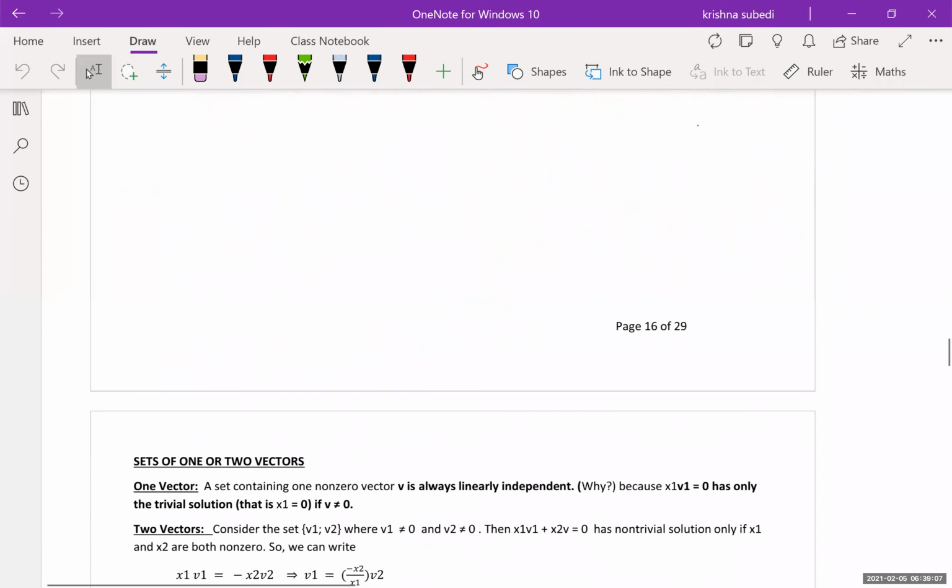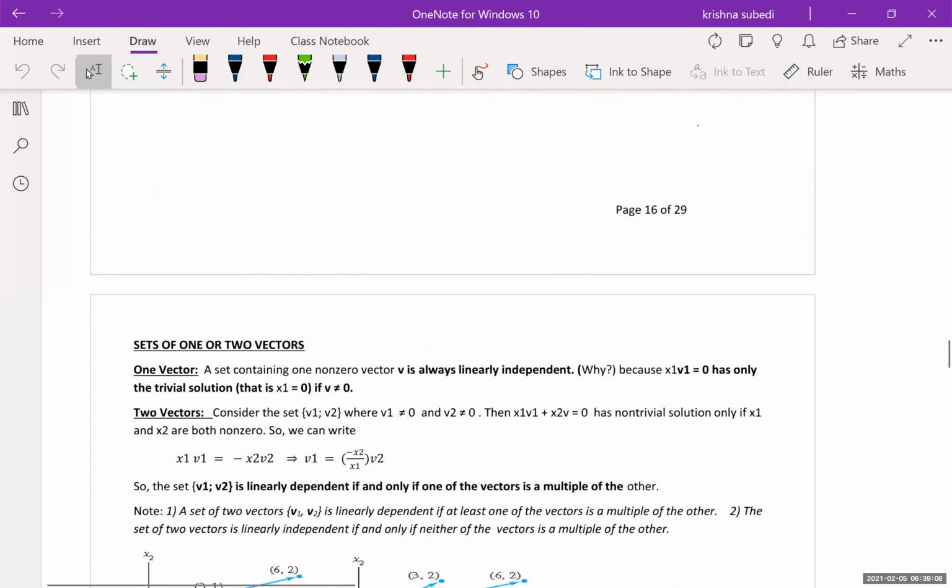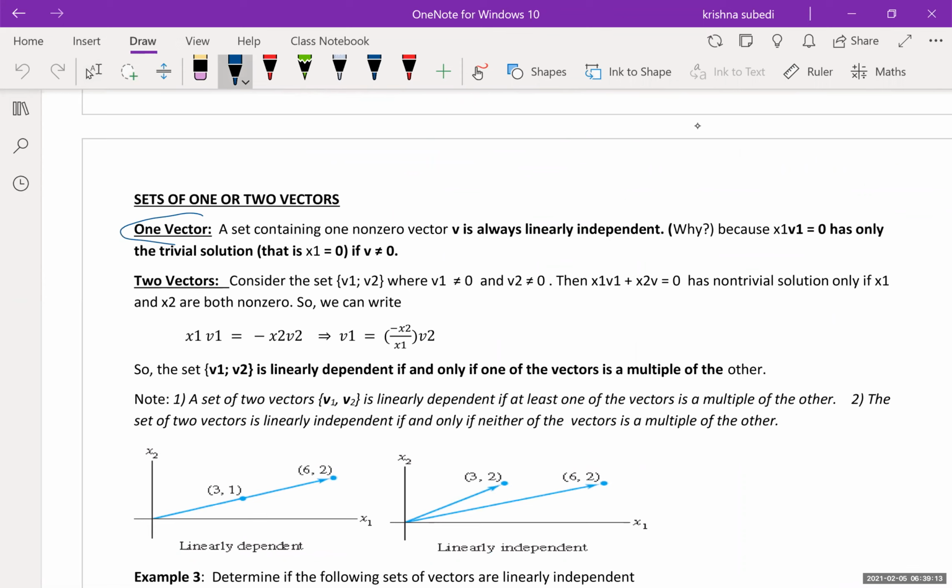Okay, so let us see. Set of one or two vectors. If we are given only one vector, for example, let's say 1, 2, 3, then this one is always linearly independent. One vector is independent.